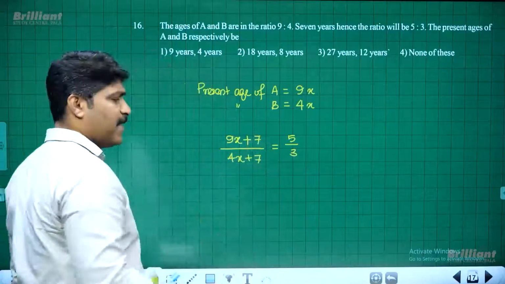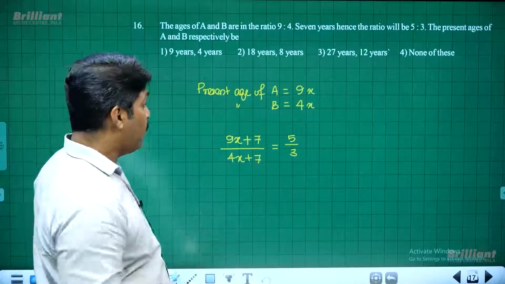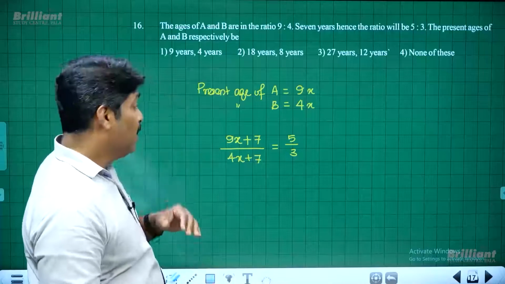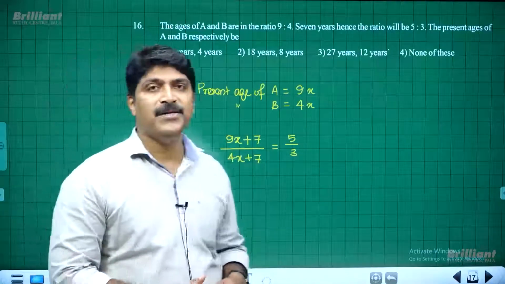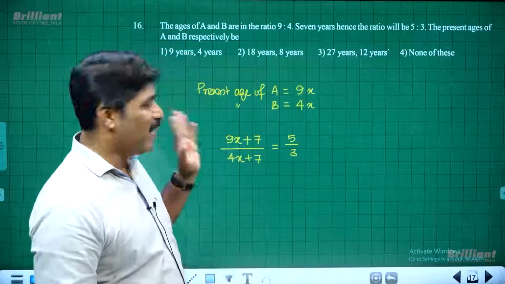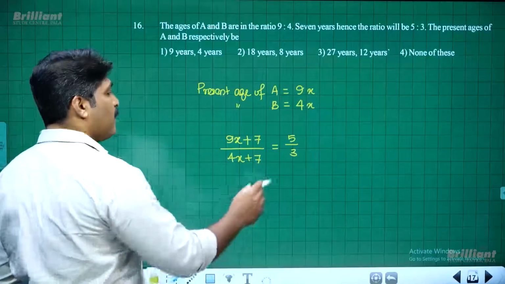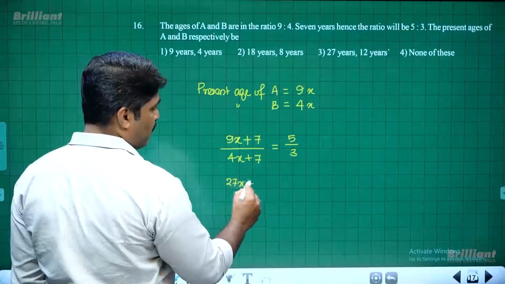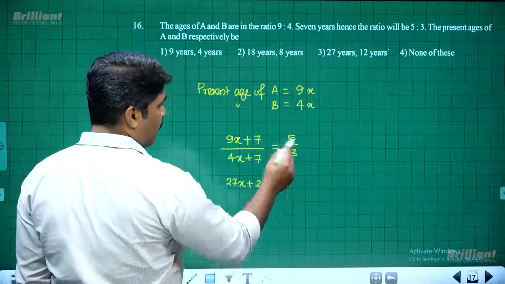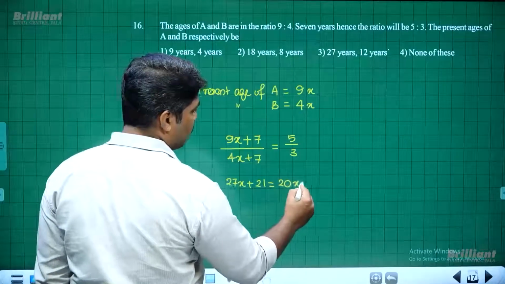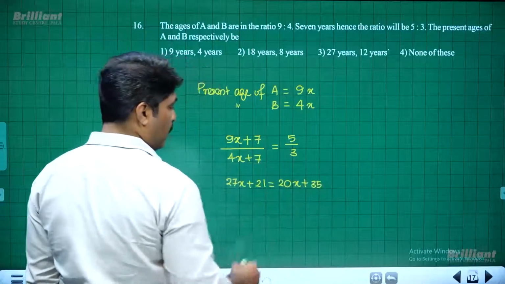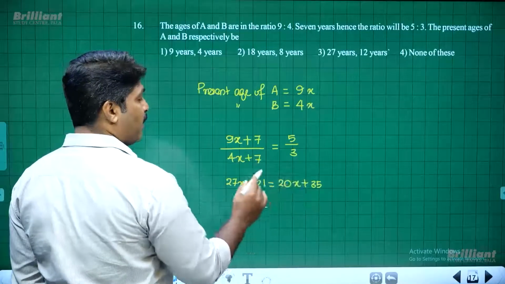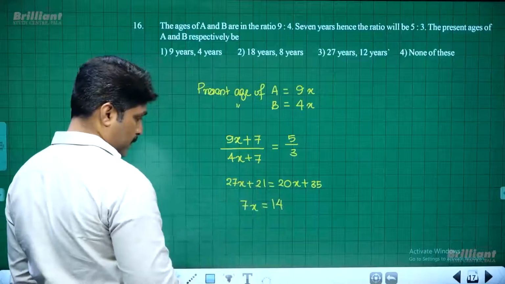Just make a cross multiplication, then you can find the value of x. What is the advantage of this kind of operation? Through simple steps, you can find the value of x. Cross multiplying, this is 27x plus 3 into 7, 21, and this is 5 into 4, 20x plus 35. So 7x is equal to 35 minus 21, which is equal to 14.